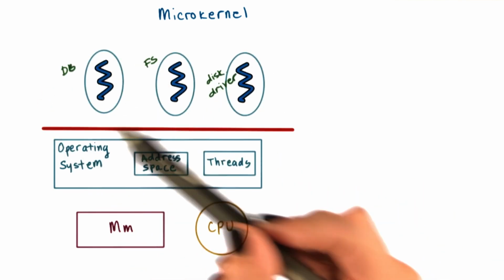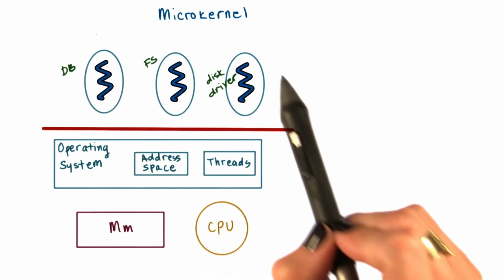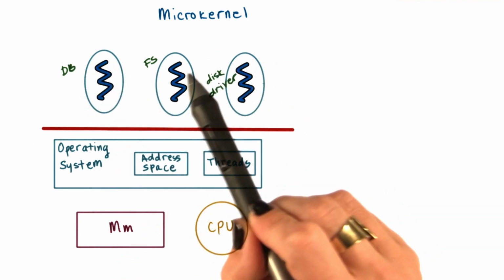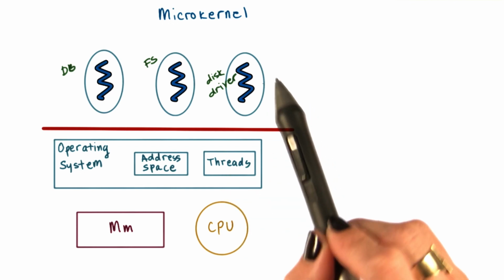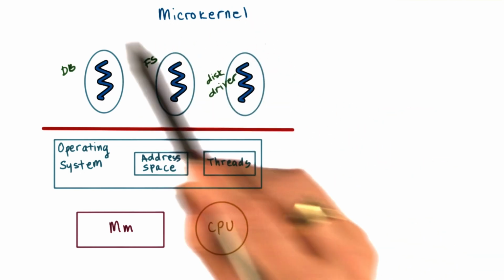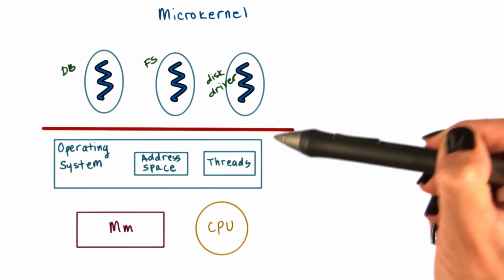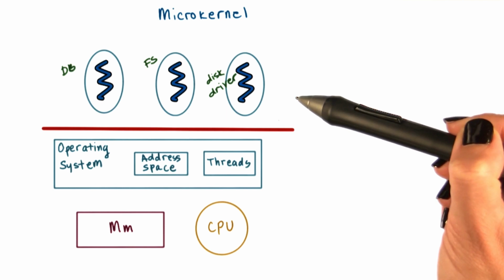Everything else, all other software components, applications like databases, as well as software that we typically think of as an operating system component, like file systems, device drivers, everything else will run outside of the operating system kernel at user level, at unprivileged level.